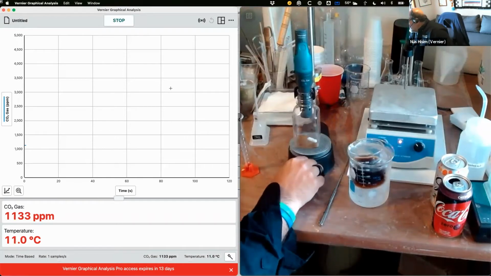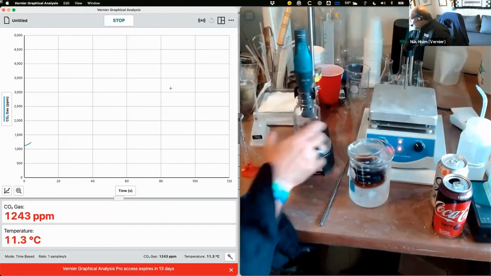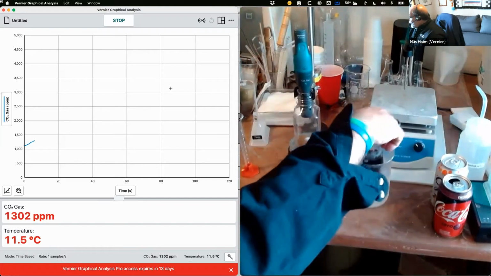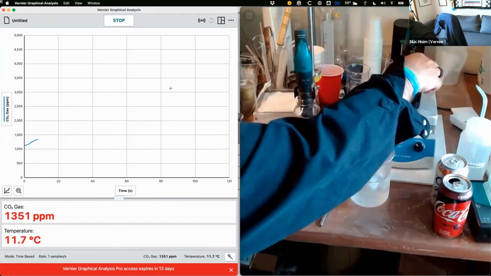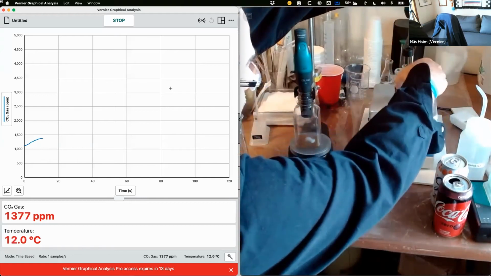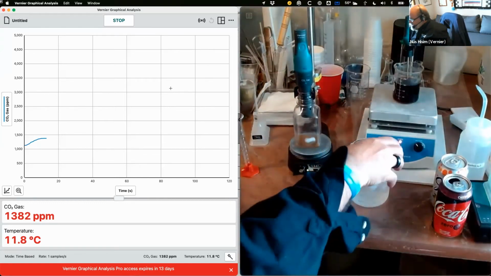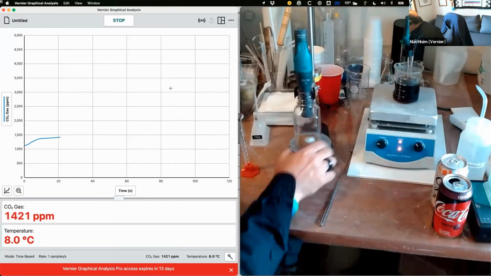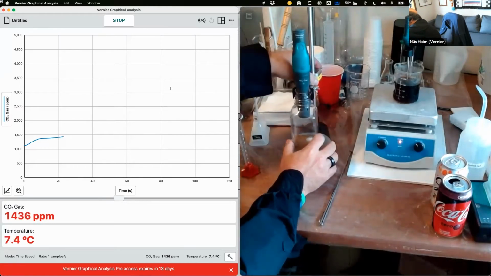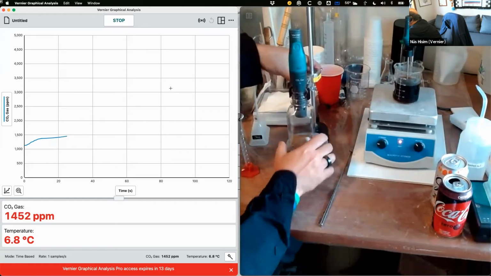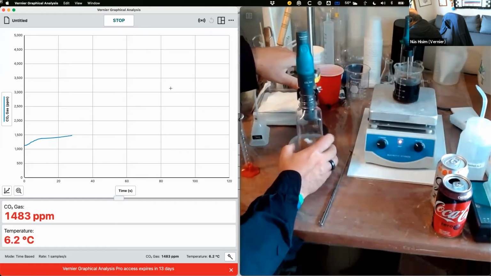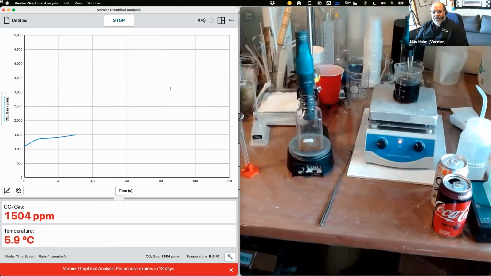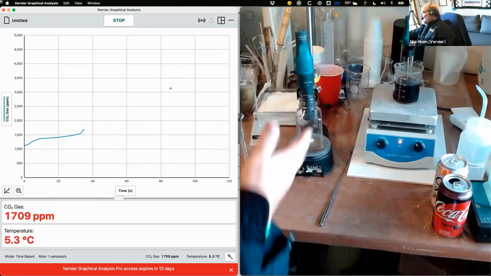And I'm going to turn on the stir. Meanwhile, while that's running, I'm going to take my cold bath and stick it on a hot plate. You need to make sure that your hot plate is not too hot. You'll probably have to stick a temp probe into your hot plate and allow it to heat up and monitor how fast it warms up.